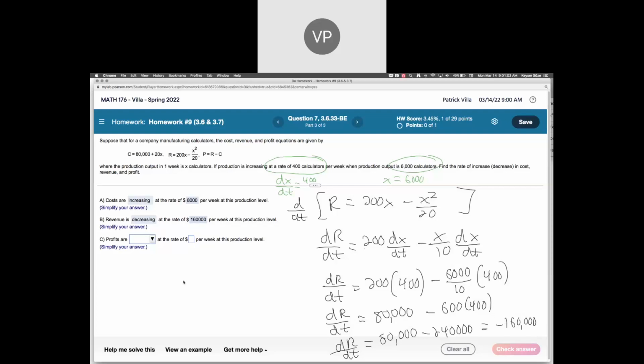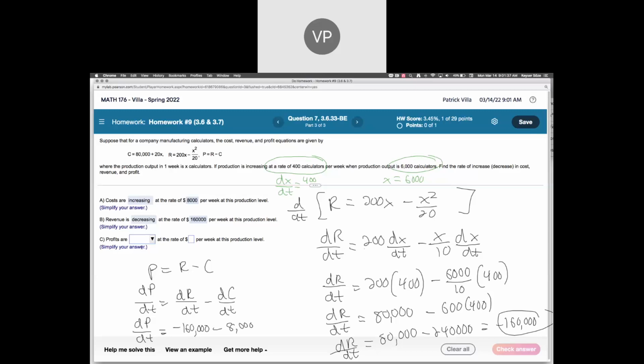And then our last part is profit. Remember, this is the easy one that we did earlier. P equals R minus C. We take this derivative with respect to t. dP/dt equals the dR/dt, which we found just now, at negative 160,000, minus the cost, which we said was 8,000.